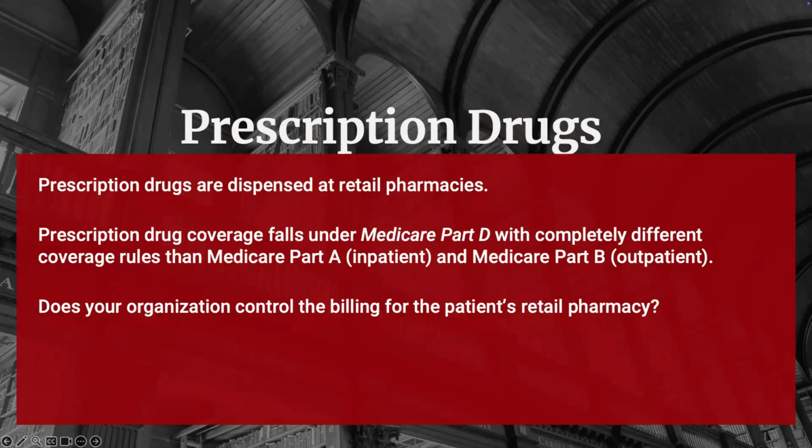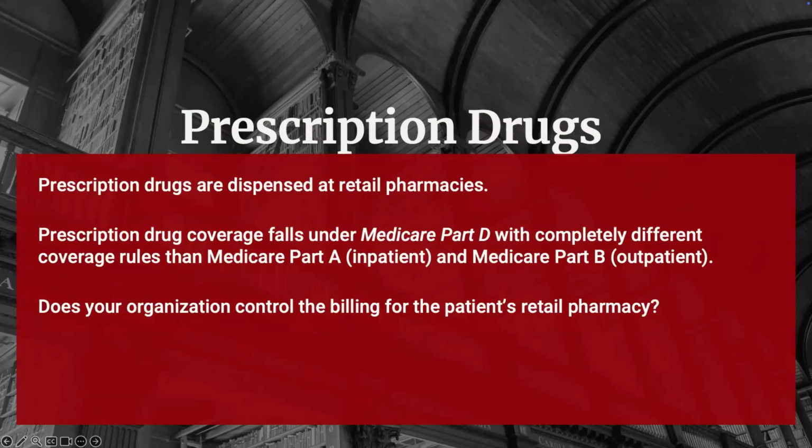Virtually all schools of medicine do not own or control retail pharmacies. And in general, patients are given a free choice of what retail pharmacy to use. You get a prescription and you can go to Walgreens, CVS, Rite Aid, or your local mom and pop shop. And the other thing is prescription drug coverage falls under Medicare Part D with completely different coverage rules than Medicare Part A or Medicare Part B.